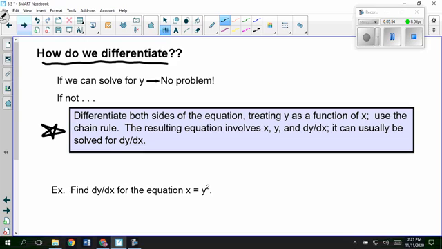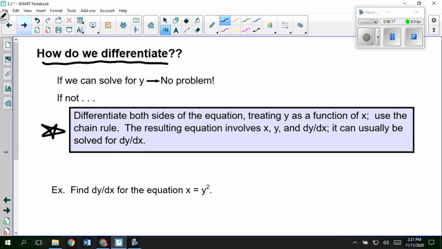Since y is a function, when we take a derivative of y, we're going to pretend like we don't really know what that y function is, so we're going to be using a chain rule. That's the part that's weird. So that's the part where I want you to hang on, write it down right now, hold off on it until you see a few things in action, and it should hopefully click for you.